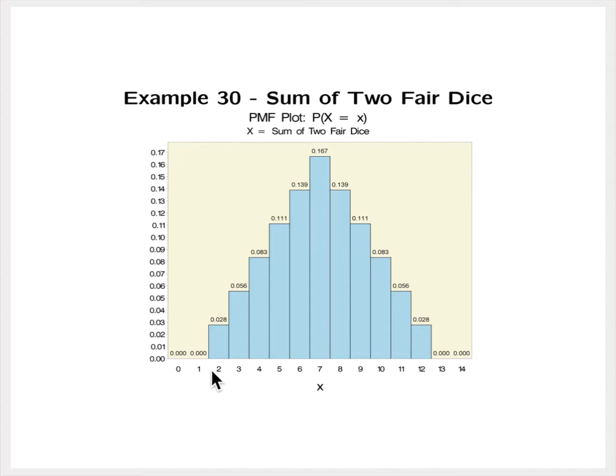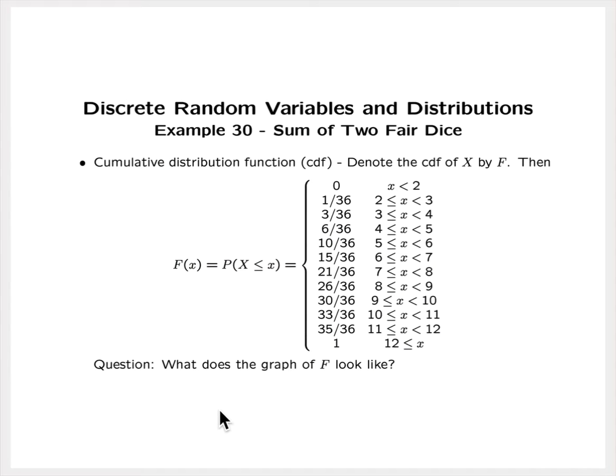And then for values between, starting from 2 and then up to and including 12, we're going to be accumulating probability based on where we are on the real line. All right, and so this is what the CDF looks like. Again, we are accumulating probabilities.